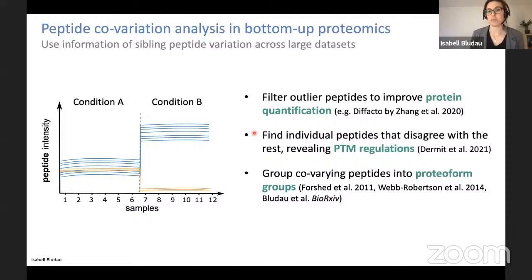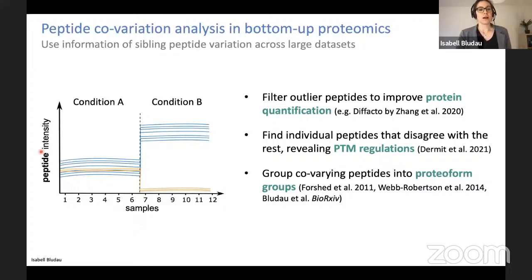So in bottom-up proteomics, we have the benefit that it's fairly easy to generate large data sets, and we can use information from sibling peptides across large data sets to find groups of correlated peptides. So here I want to just show one example where we have two toy conditions, A and B, measured in 6 biological replicates.